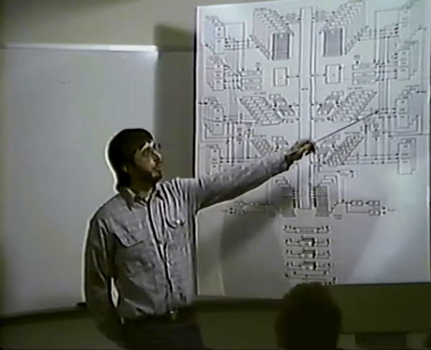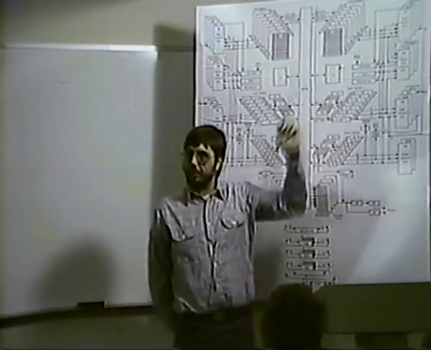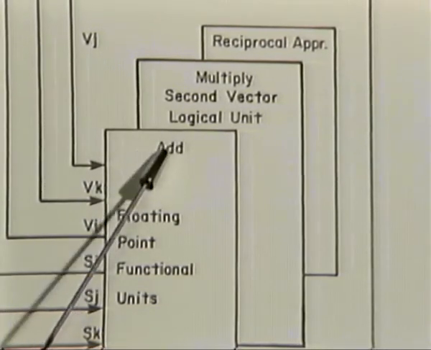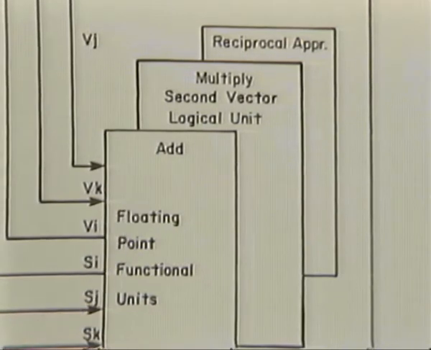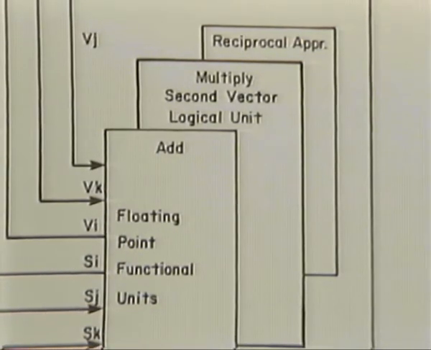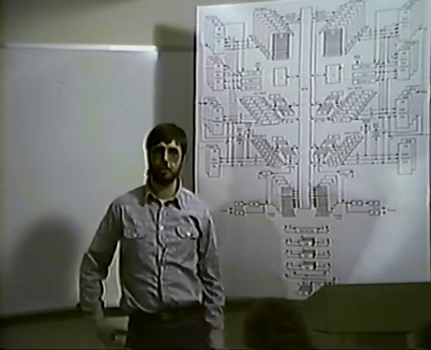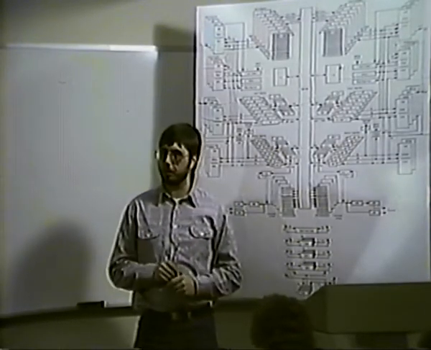Now, the S registers also have access to the floating point functional units. You can take an S register value, or 2 values, and send them to the floating add. And it says that you have to have those S registers in floating point format. There's a specific format for floating point numbers.